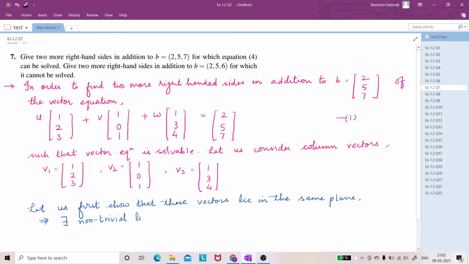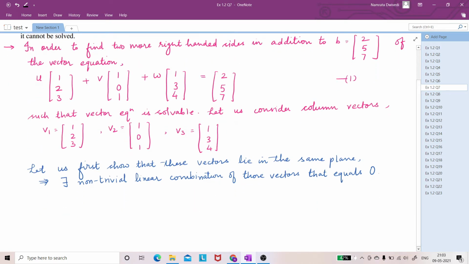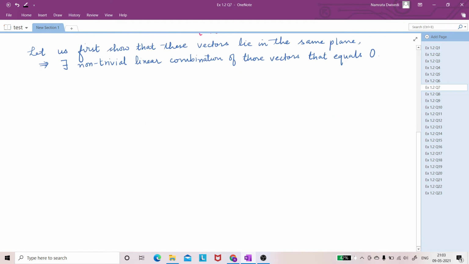Okay, a non-trivial linear combination of those vectors that equals 0. So how will we write the equation? Yes, we'll write it this way.